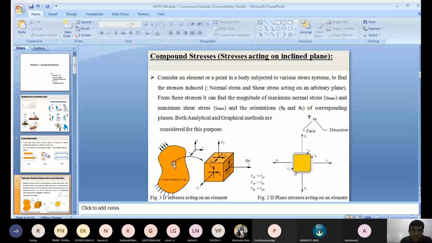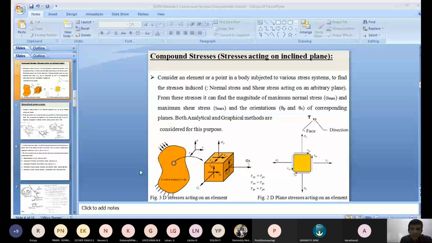For that, we pass arbitrary cutting planes or arbitrary parallel planes. We cut that component and make it a cuboid. Once you have the cuboid, you know what stresses are acting at a particular point, on a cubical element.